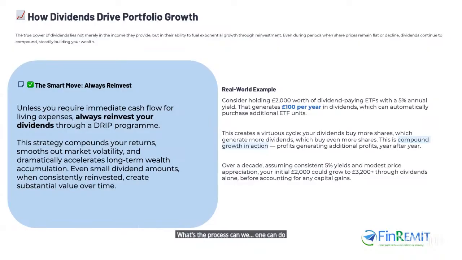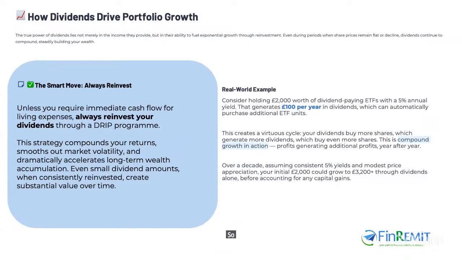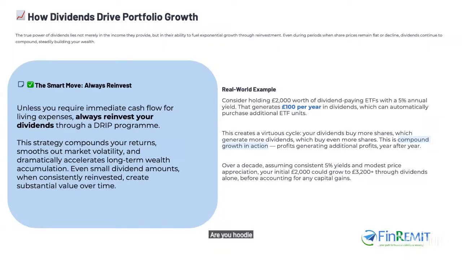For instance, with maybe 1,000 naira or 2,000 naira, what are the procedures so that instead of returning that money to you, you can just plow it back into investment? Presently on the NGX, there's no such system. You only see the alert for the share that you are holding, and there's no opportunity to reinvest that money, unlike what we can do on Bamboo.